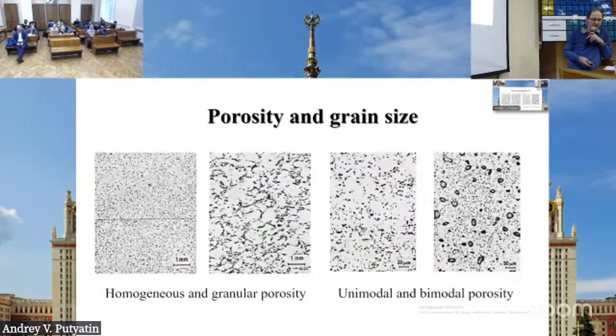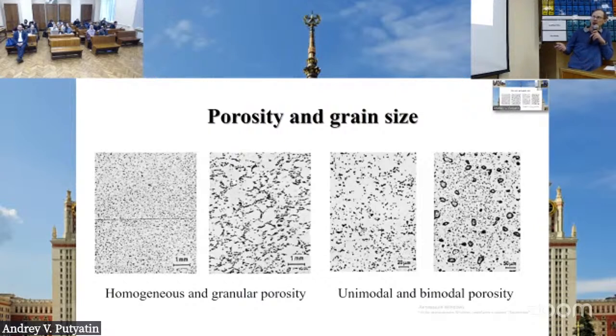behavior of fission products. So you can see that immediately after the production, porosity and grain size can vary dramatically. In principle, depending on the technology, you can have a homogeneous porosity or granular porosity. So you have very small pores which are homogeneously distributed. This is a very good option. So this is basically the target option.